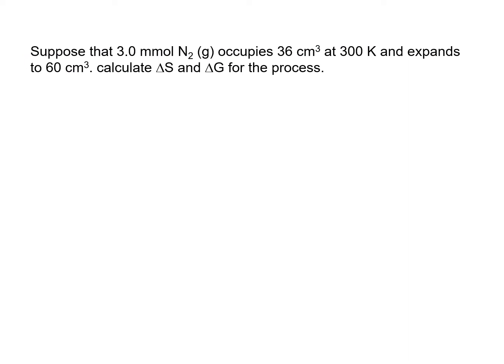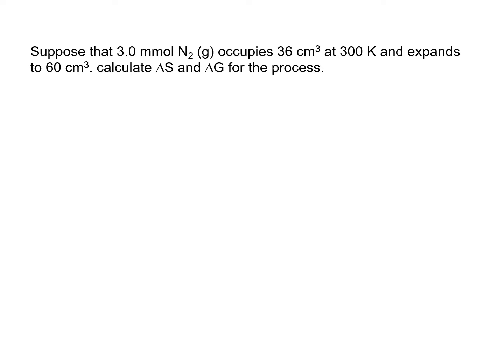Question number 3. Suppose that 3 millimole nitrogen gas occupies 36 cubic centimeter at 300 Kelvin and expands to 60 cubic centimeter. Calculate delta S, delta G for the process.